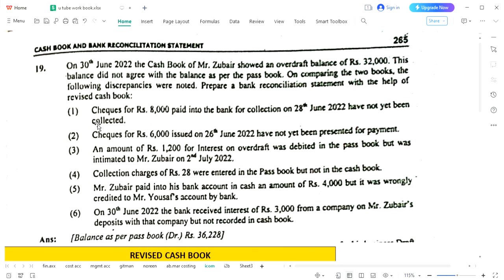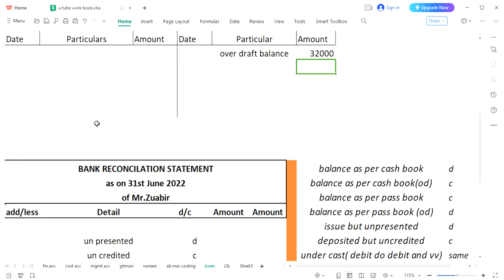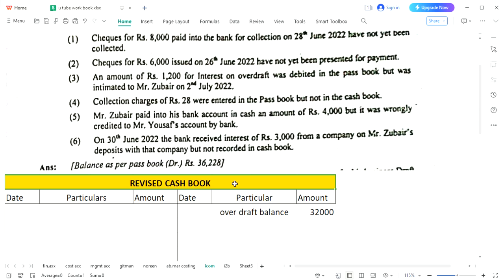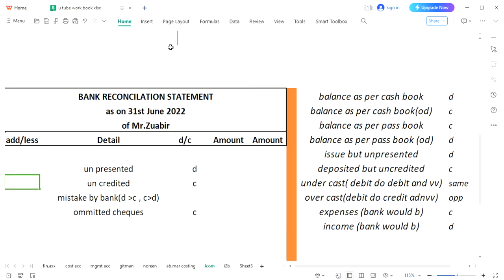But second matter is, please understand, we have decided four things we will put over here. So as it is uncredited checks, we will write amount of uncredited checks over here. And this was your first entry, 8,000 uncredited checks over here.